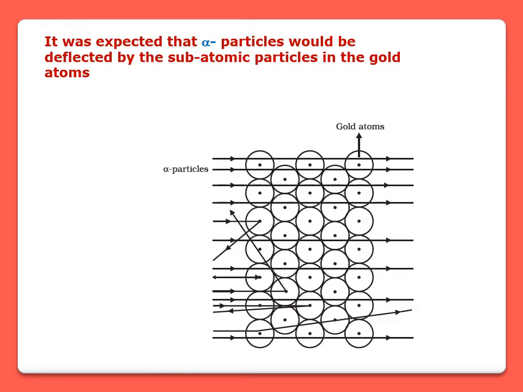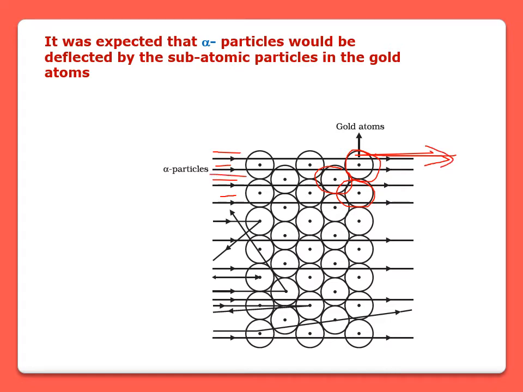Okay, these are the alpha particles, right? And these are gold atoms. When these alpha particles were bombarded on these gold atoms, what do you observe here? You can see some of the particles are passing through the gold atoms directly as they are, right?